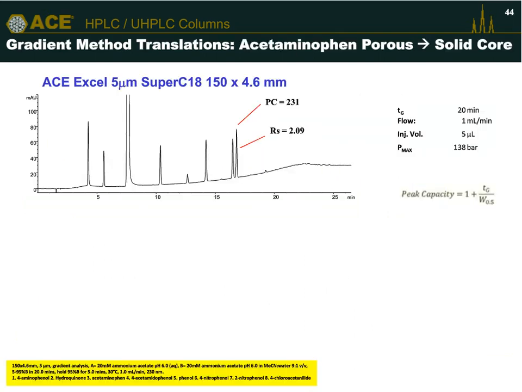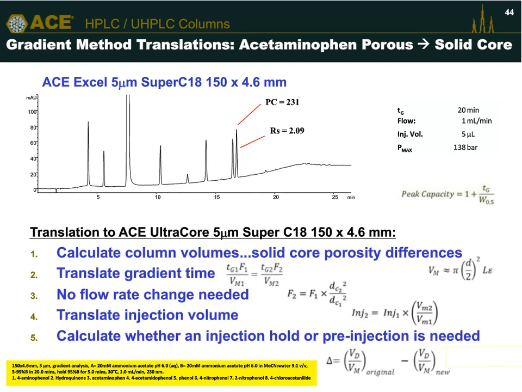So what about translating gradients from porous to solid core platforms? So here we have a different separation of acetaminophen with its impurities at 0.5% under porous separation conditions. Now we can translate that to a 5 micron solid core platform quite straightforwardly using those 5 different steps.